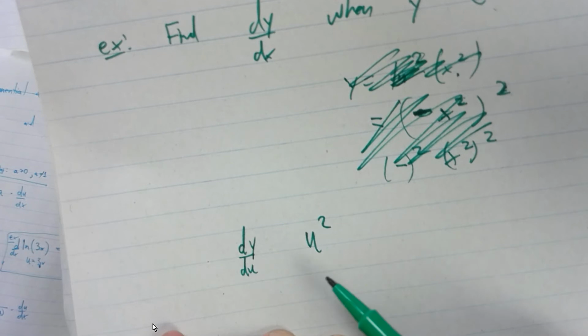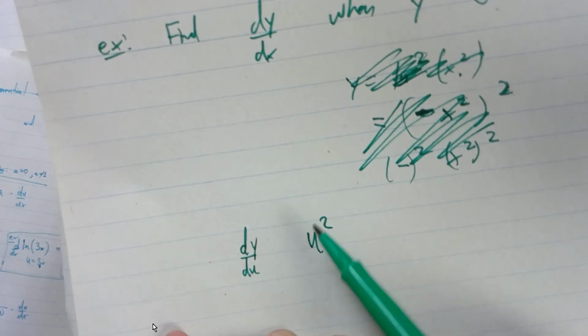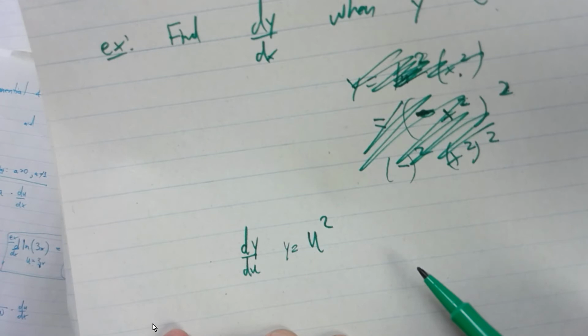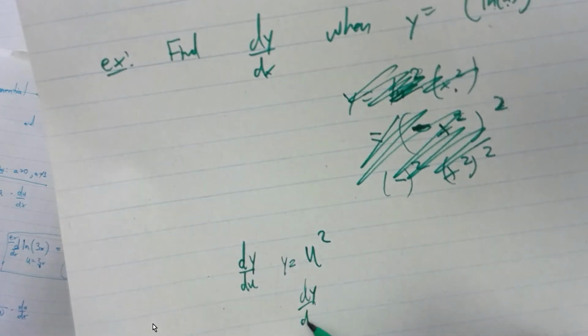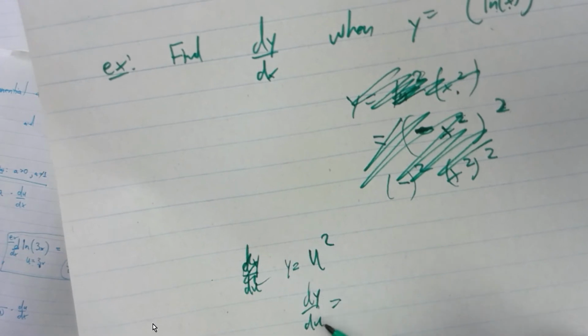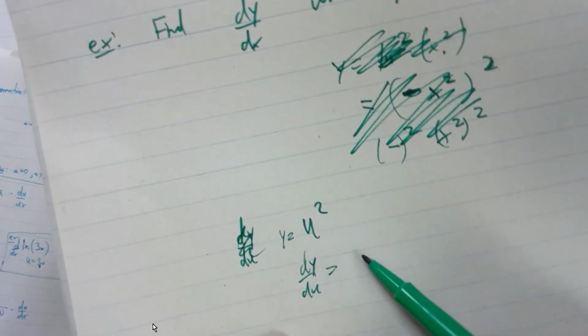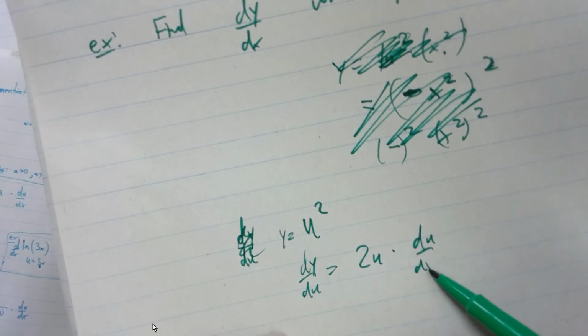If y was equal to u squared, right? I take the derivative of y with respect to u, so it'd be dy with respect to u.